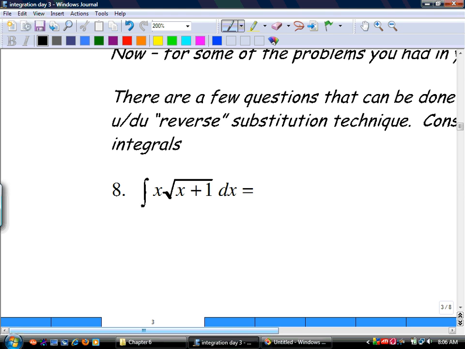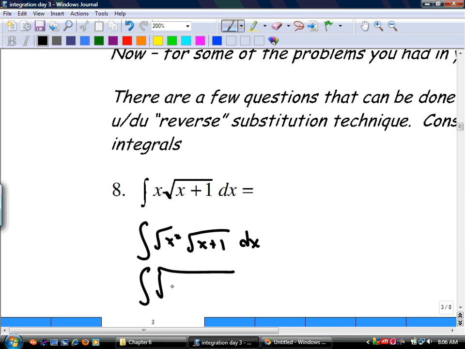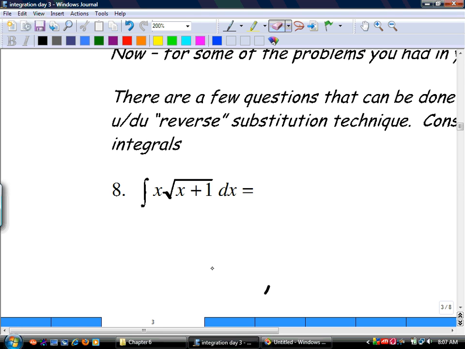No, that's not a... Well, you could do this, but this wouldn't help. Don't write this down. I'm just thinking out loud. That doesn't help you, though. Reverse substitution technique. I wonder what she means by this.